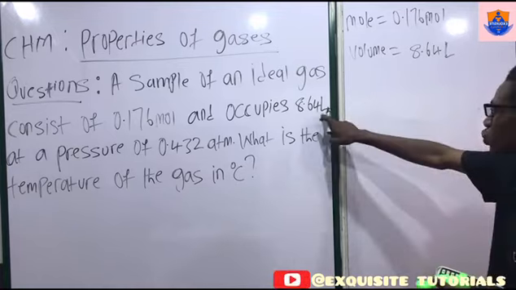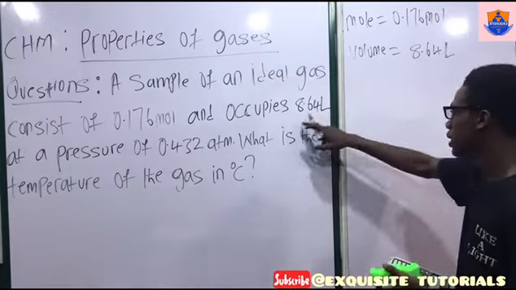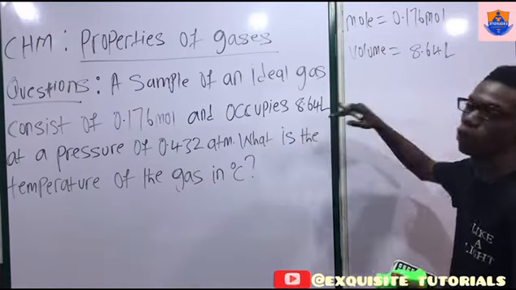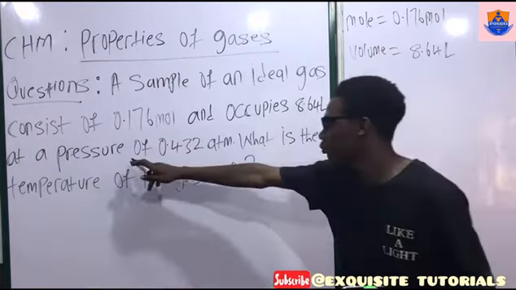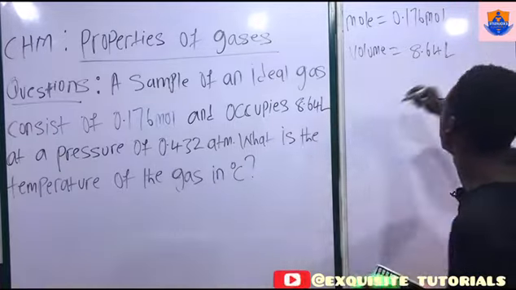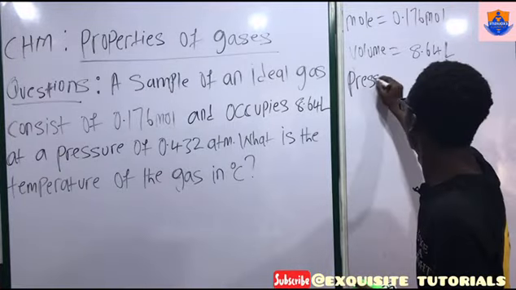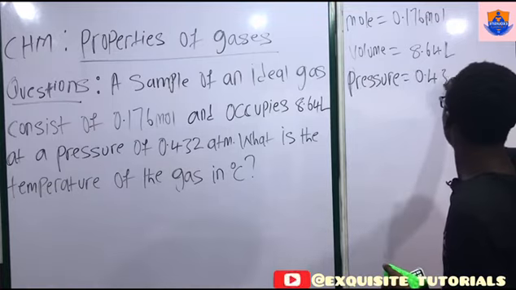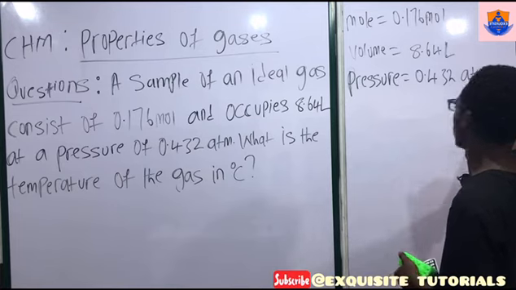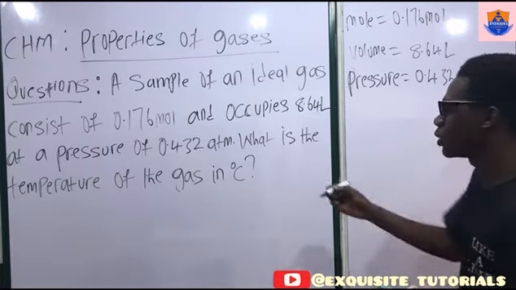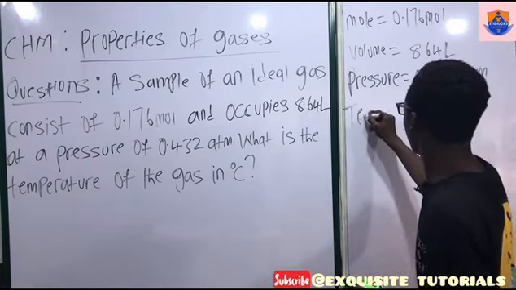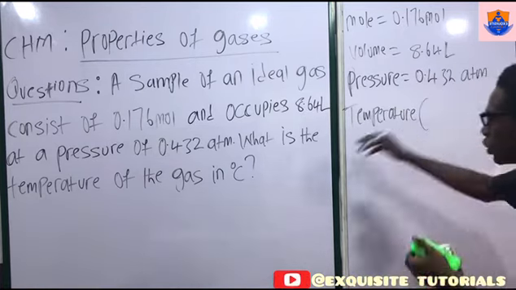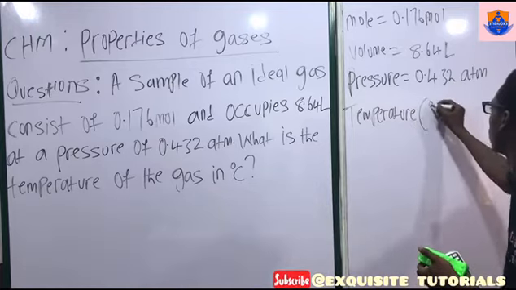So assuming it was given here in dm cubed, it doesn't change anything. You shouldn't convert. You can leave it in dm cubed or liters. Now, at a pressure of 0.432 atm, so the pressure is 0.432 atm. Now they're asking for the temperature, which is specified here in degrees Celsius.